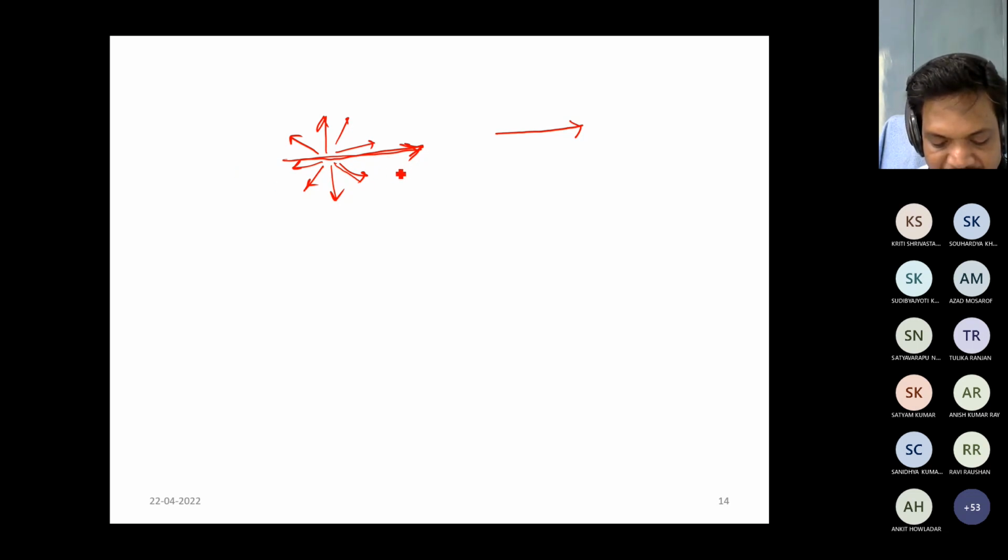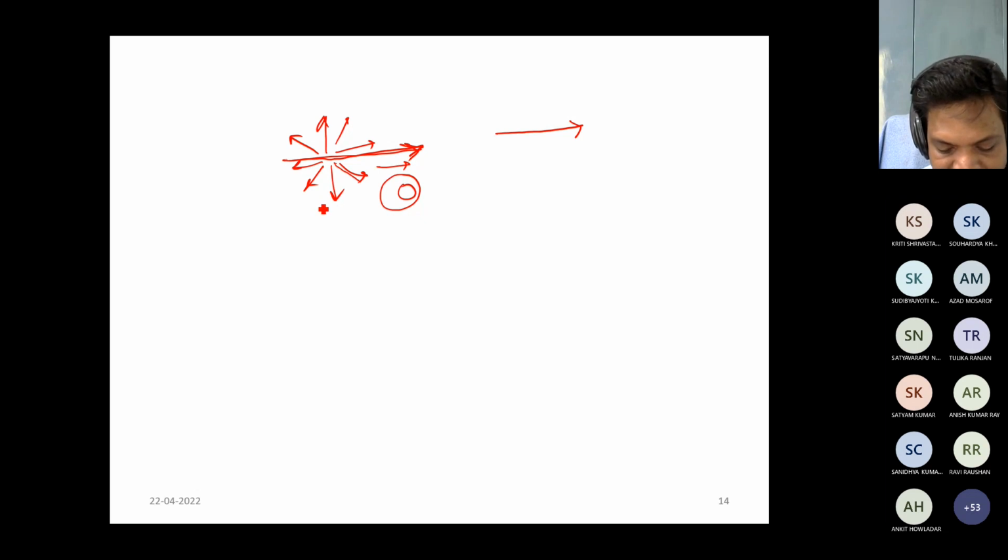As a result, the net flow of the carriers along a particular direction, that would be zero. So that's why for Brownian motion, the random movement, you will not get any net or resultant flow of carriers along a particular direction which can give the resultant current. That's a zero current. It will not give any current along a particular direction.